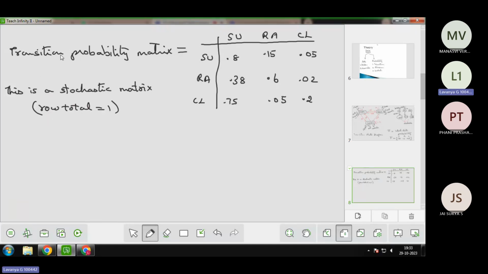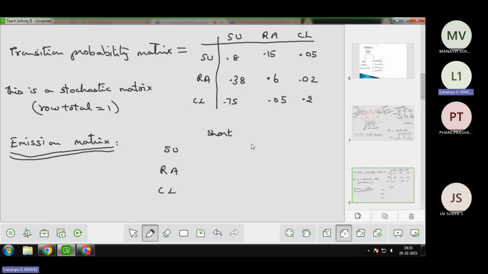Now, how to draw an emission matrix? This is new. This is transition. How to draw an emission matrix? Your emission matrix is a connectivity which is going to run between your hidden states as well as your visible states. So you will start from sunny, rainy, or cloudy. And with what are you going to identify?